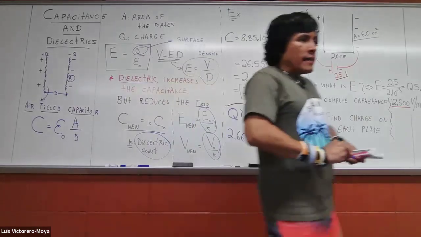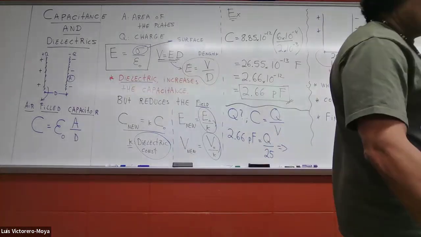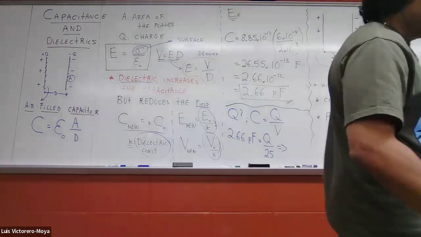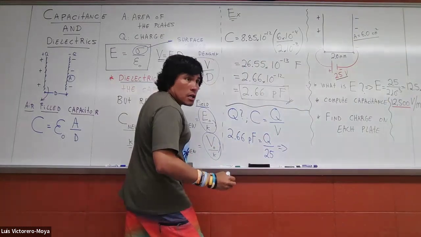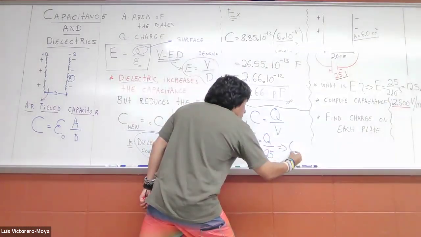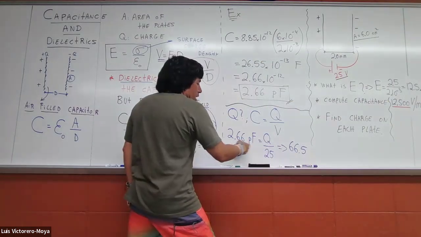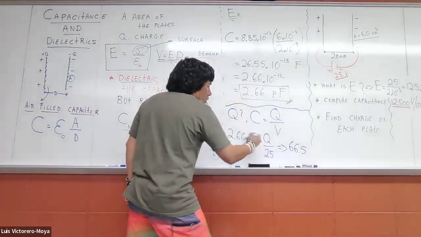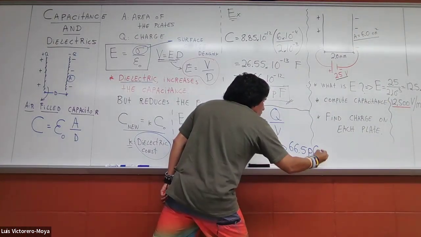So if I do the math, I get this times that, 66.5 picofarads times 1 times volts will be picocoulomb.